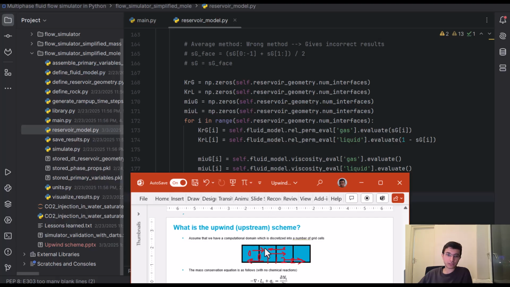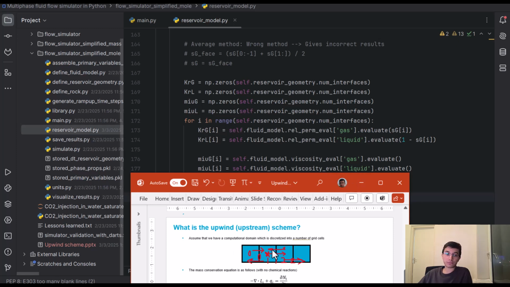Let's say that fluid is flowing from right to left. Even if this happens, what is done here uses the properties of this cell, for example, the 0th cell, and it will put the saturation of the 0th cell here, and it will use the 0th cell to evaluate the phase relative permeability at the 0th interface.